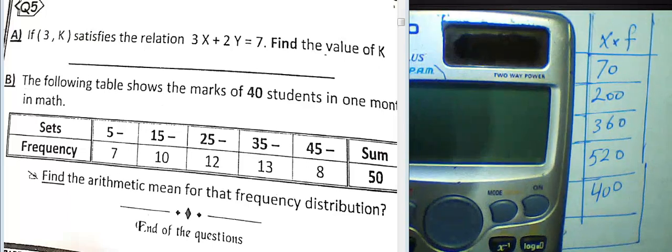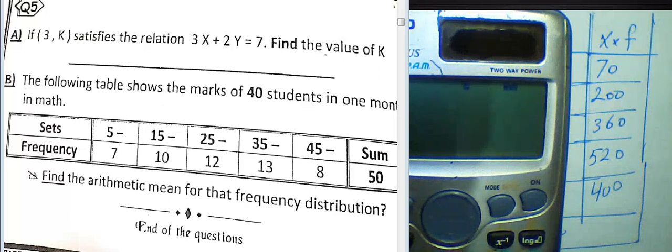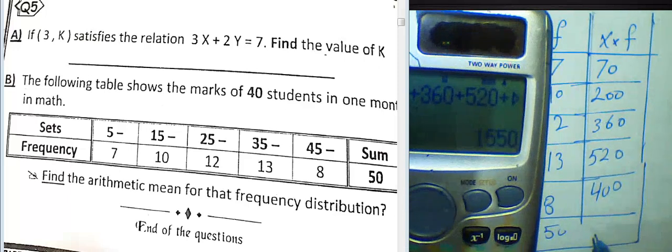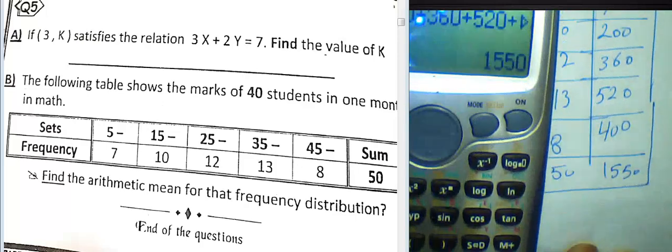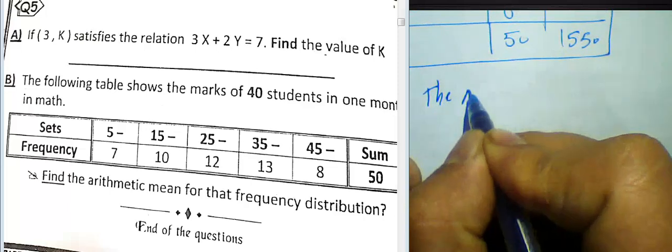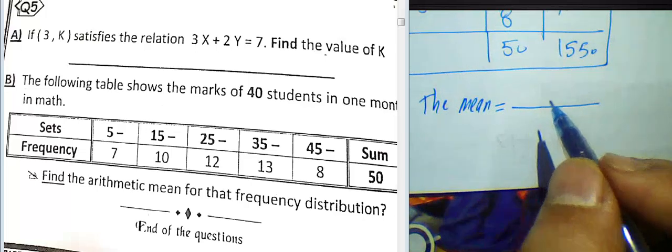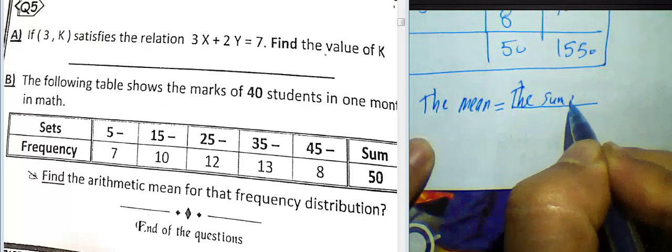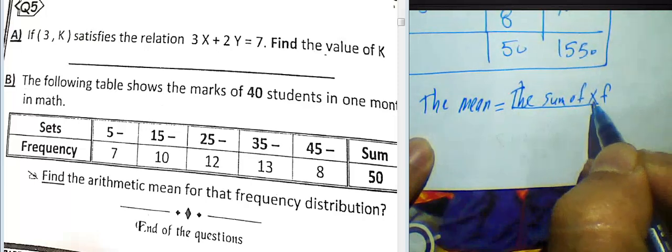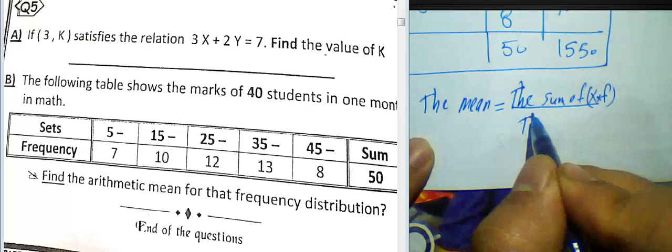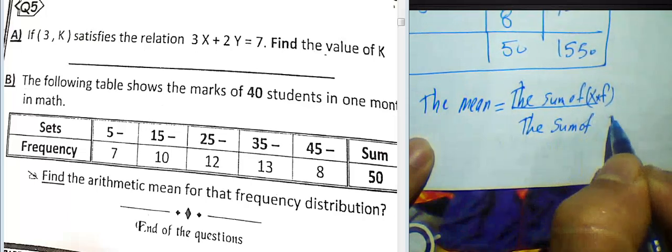Okay, using the calculator: 70 plus 200 plus 360 plus 520 plus 400 equals 1550. Then we find the mean by writing the rule: the sum of x multiplied by f over the sum of f, where f refers to frequency.